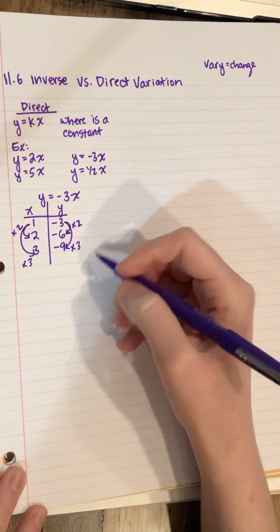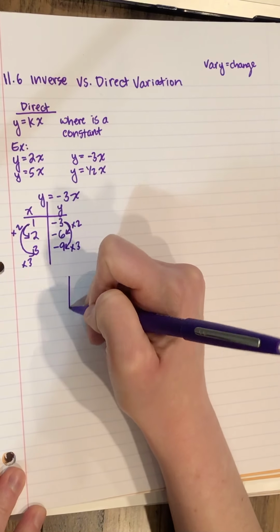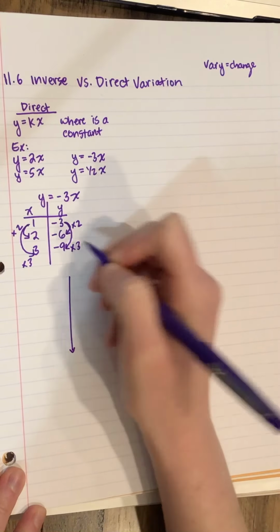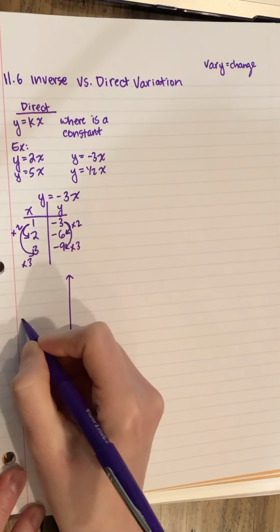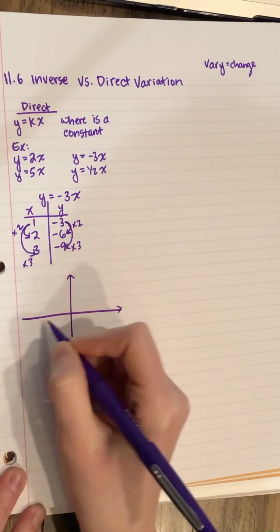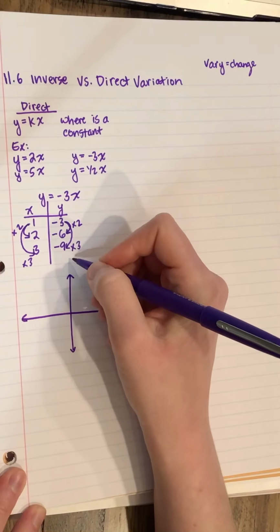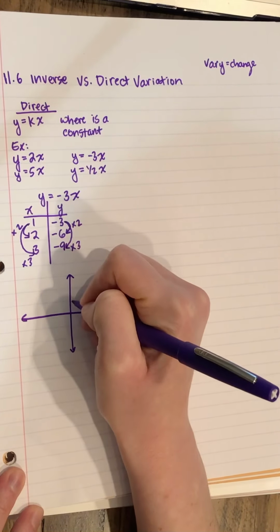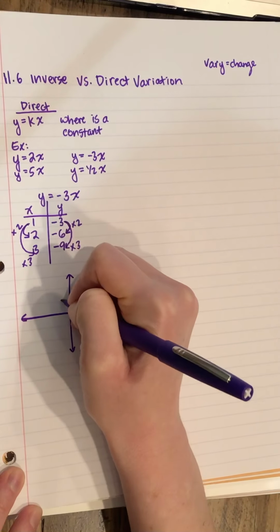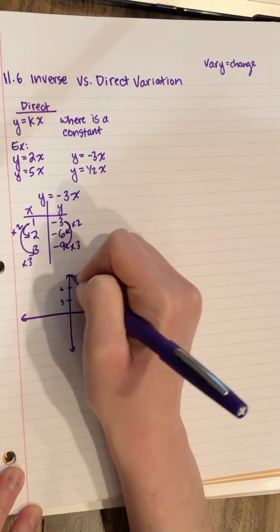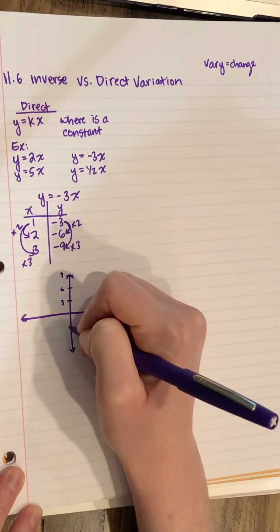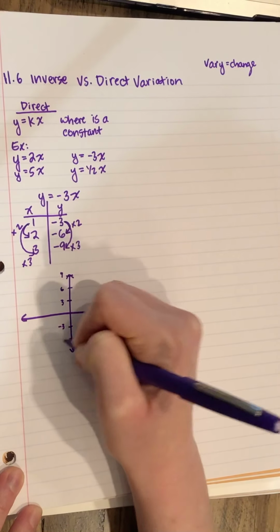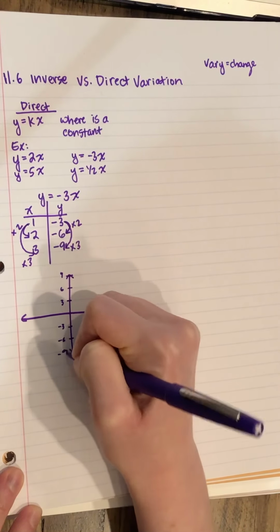So how that would look on a graph, if you were to graph this, I'm going to scale my y's by 3's: 3, 6, 9, negative 3, negative 6, negative 9.